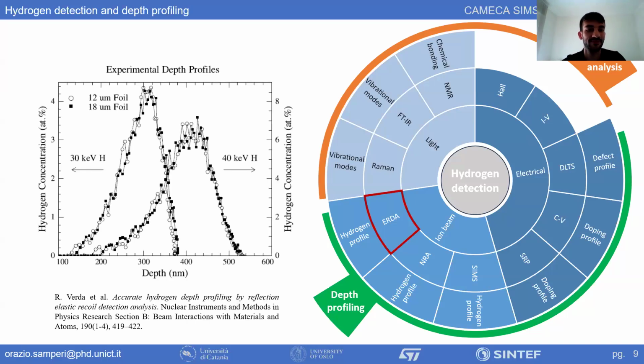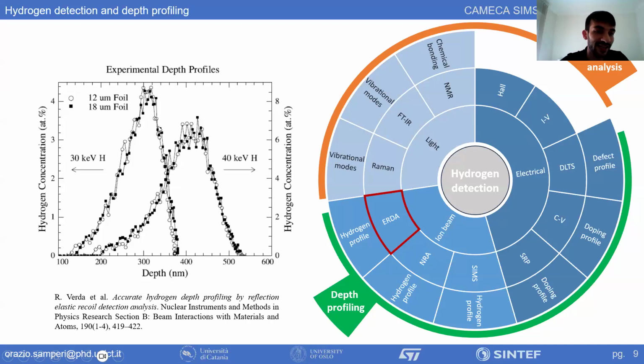And here I just put some examples of these techniques. One of the most famous, of course, is the so-called ERDA, or elastic recoil detection analysis. I think that some of you know that this technique is a variation of Rutherford backscattering spectroscopy, and it can be used to detect hydrogen.